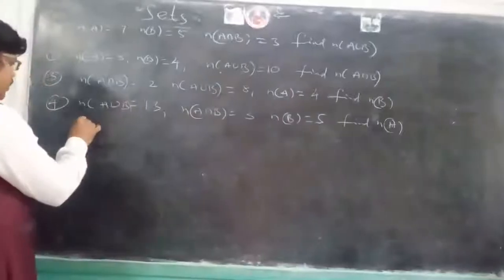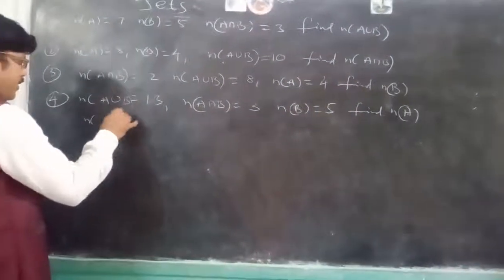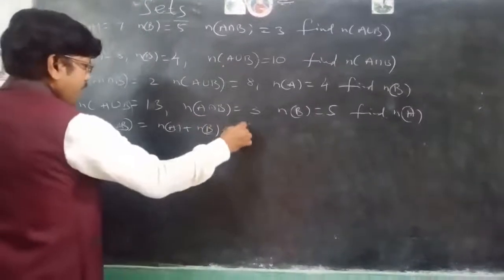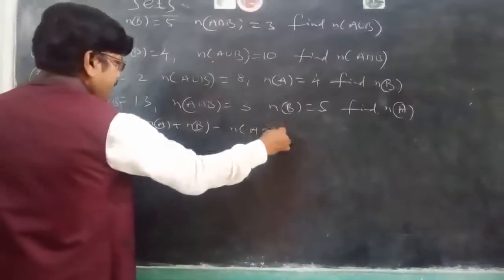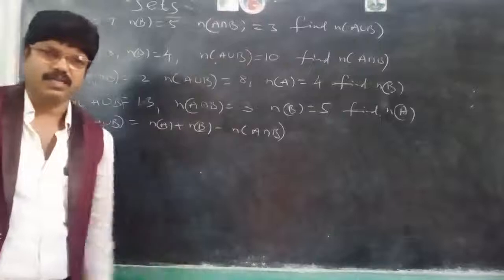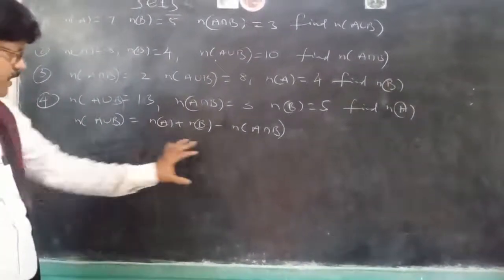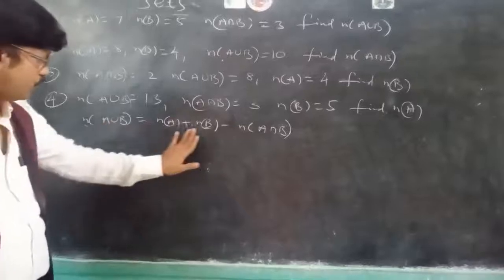We have N of A union B equal to N of A plus N of B minus N of A intersection B. This is a formula. In this formula there are 4 values: 1, 2, 3, 4.